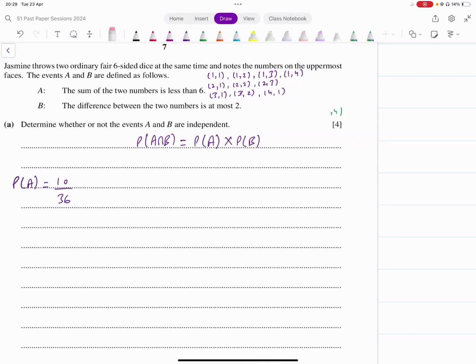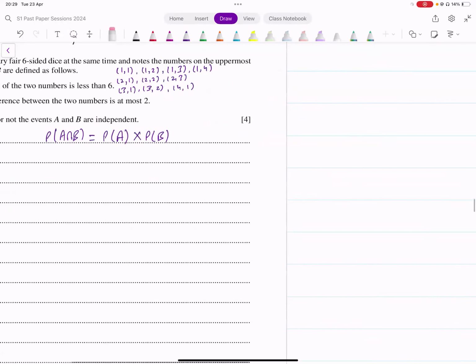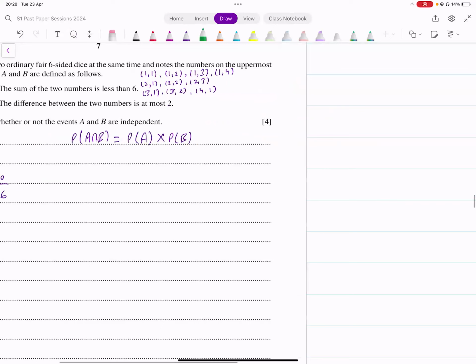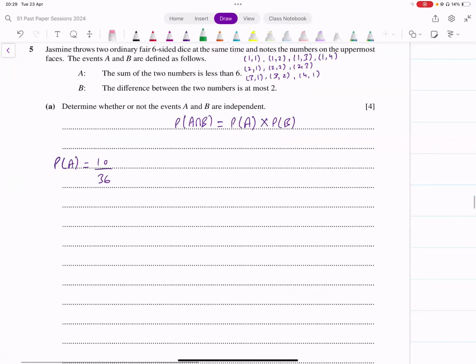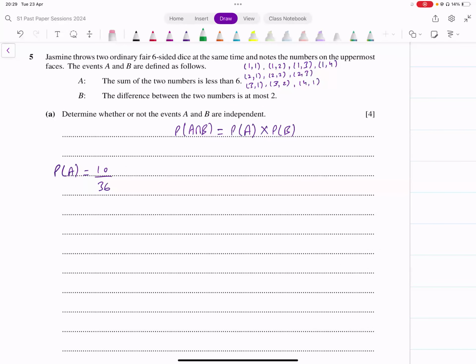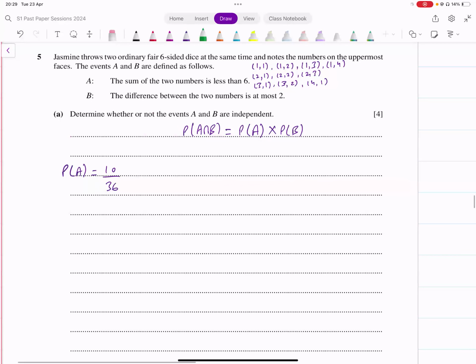Since these are too many cases, it will be easier, I think, to make a table in this case, because it will be more than half the cases. Let's do that. That will be quicker. 1, 2, 3, 4, 5, 6. 1, 2, 3, 4, 5, 6. Let's make a difference table and see what we get for that.